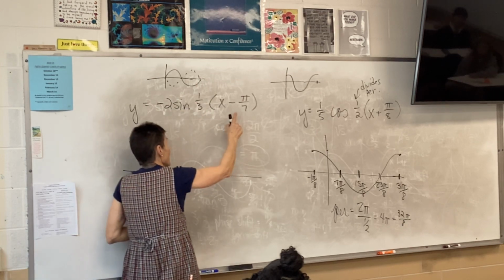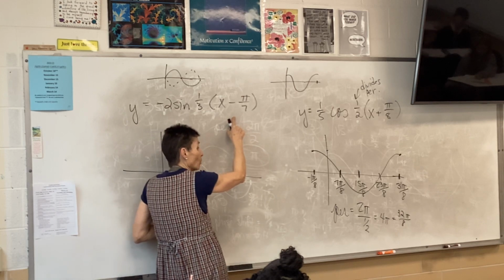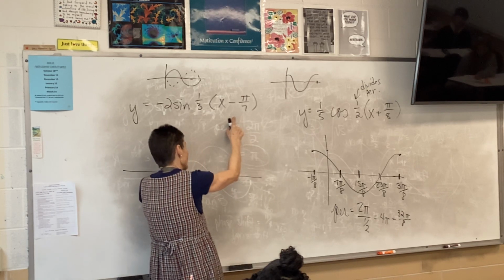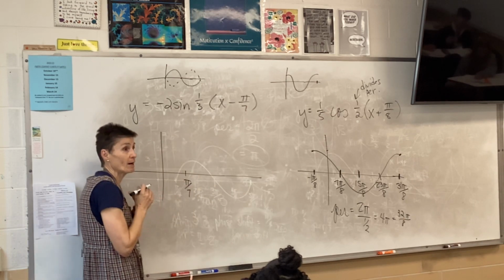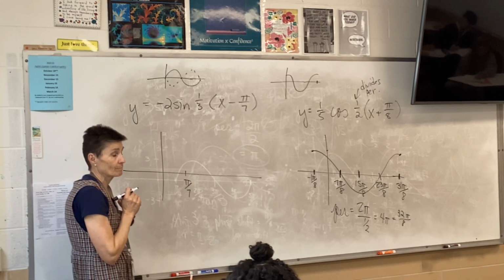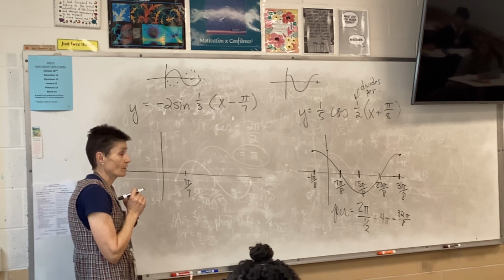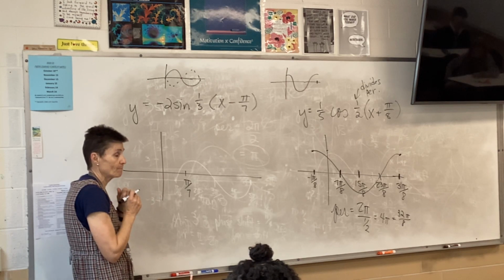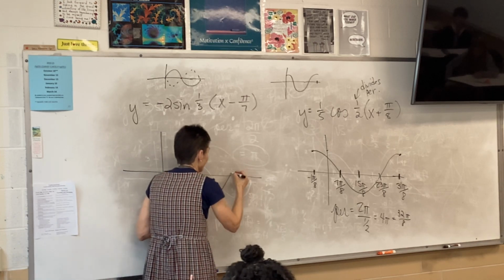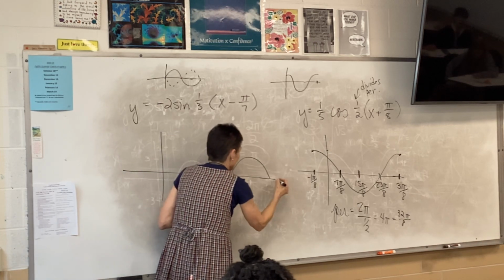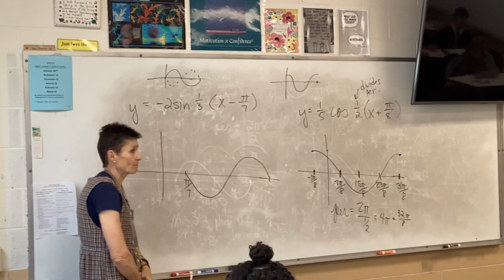And there's a phase shift, or a horizontal shift, of pi over 7, which means everything's going to start at pi over 7. I guess we just put pi over 7 over here somewhere. So it's negative. Looks like that. Everybody still with me?